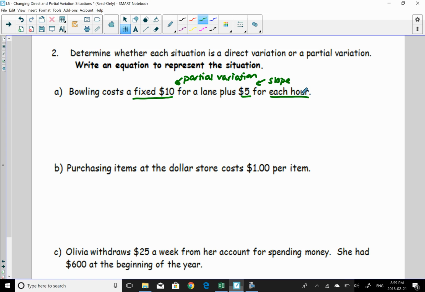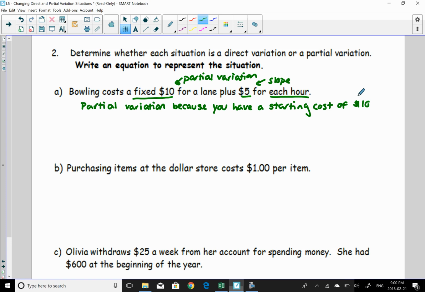So again, it's partial variation because it has a fixed cost. Okay, so you have a starting cost of $10.